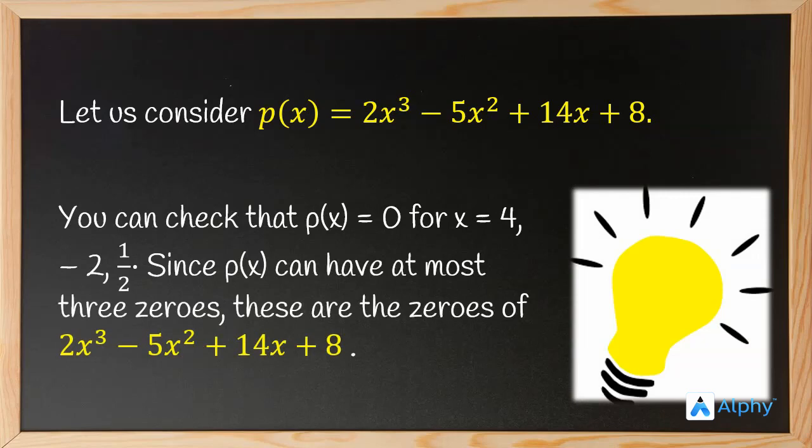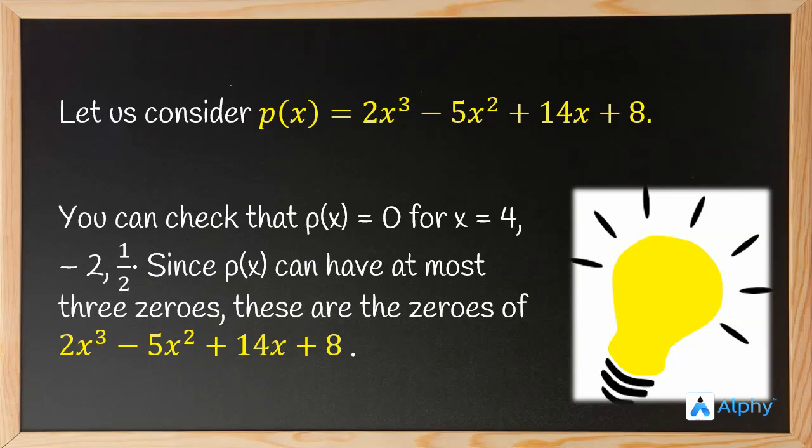For example, if you put in minus 2 and you get 0, then x plus 2 is a factor of the given polynomial, and then you can divide the given polynomial by x plus 2, and from there you can get the other factors.